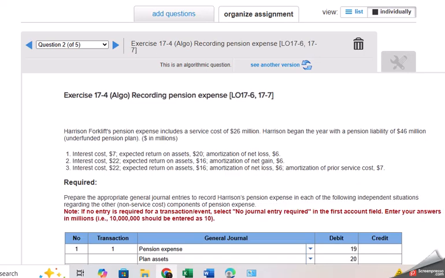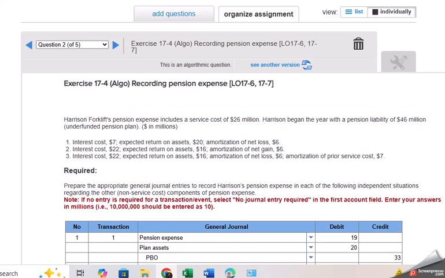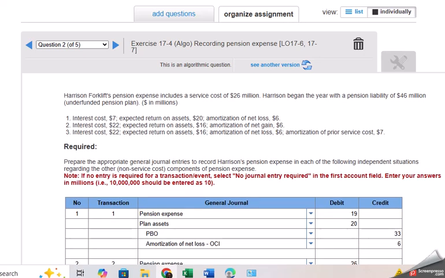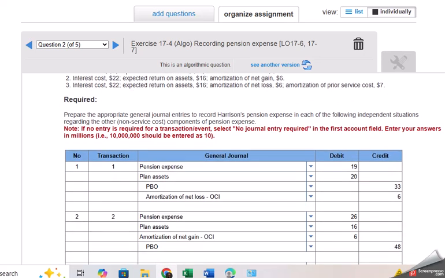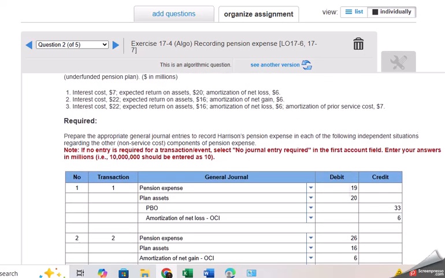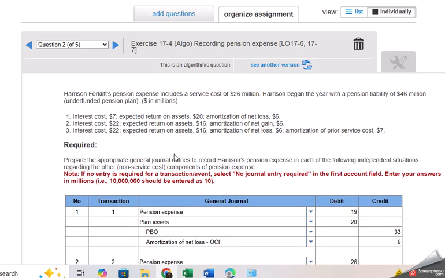Okay, then this one says, now calculate your pension expense in 3 different scenarios, and then do the journal entries. So as we look at that first scenario, let me go up to the top. Here it tells us that the annual service cost is 26 million. So that is in our pension expense.